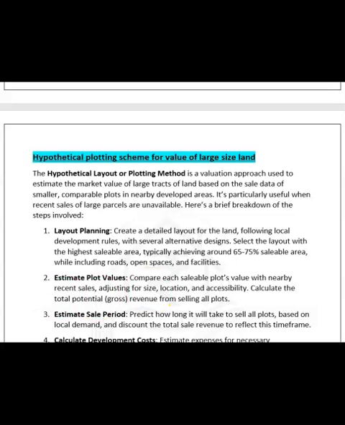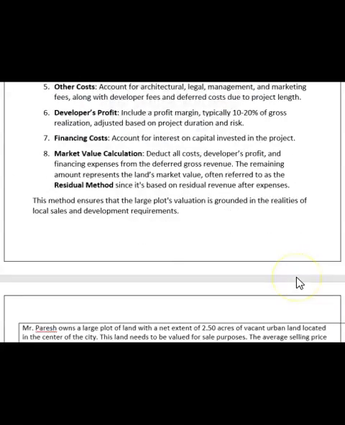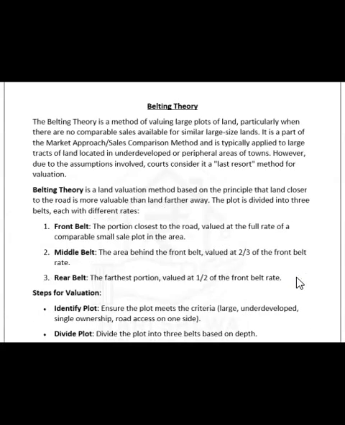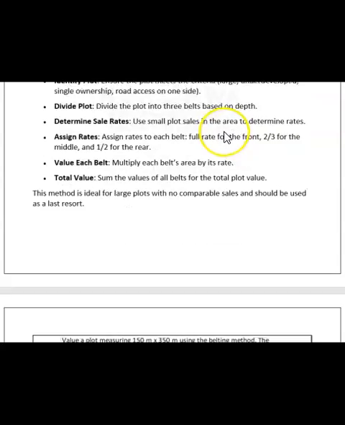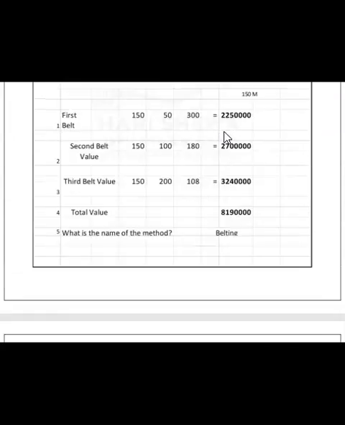Now this is inside the municipality area. This is the method. If there is an industrial plot, how will you calculate it? For any industrial plot, the calculation is by belting theory. In this theory, what we have to do?